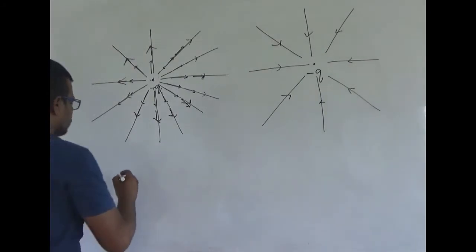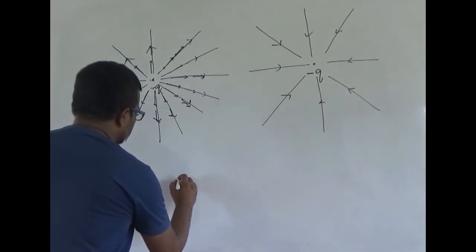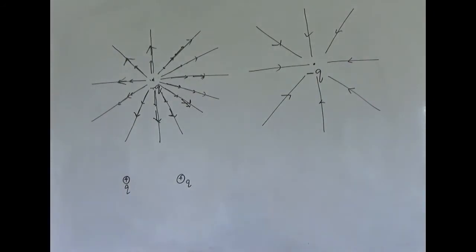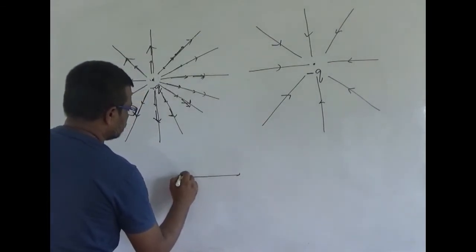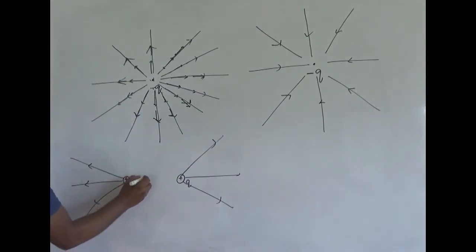If we take two positive charges, there is a positive charge and here is another positive charge, then field lines are like this, going out, going out, going out. But here what happens?